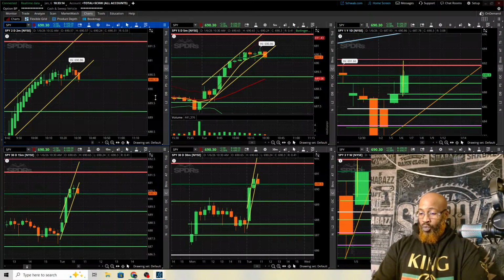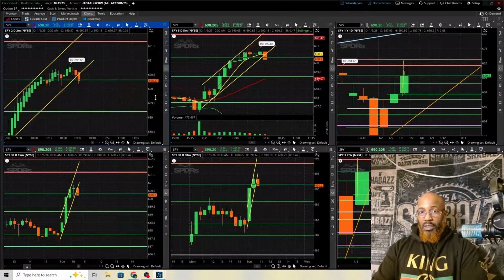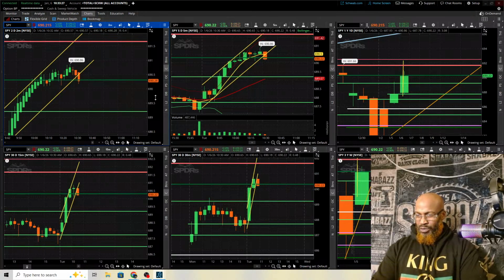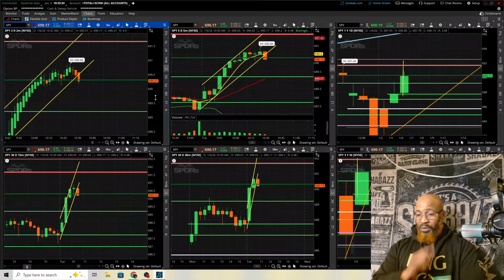We have now broken outside of this controlled buying algo, but however we need to see a close outside of it. Less than 2 minutes left. And I will not make the same mistake this time. I will let the candle close.